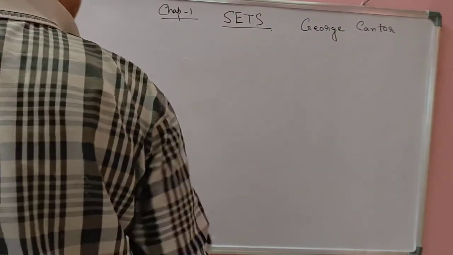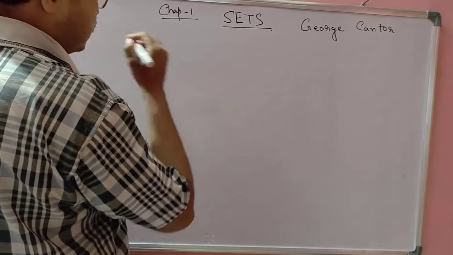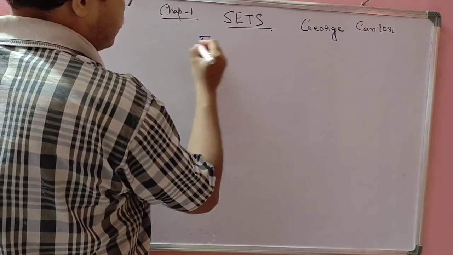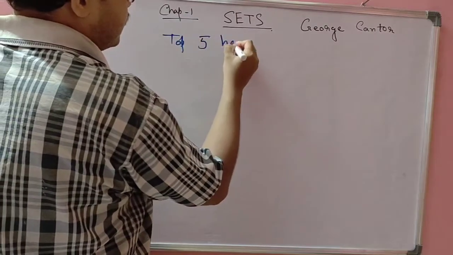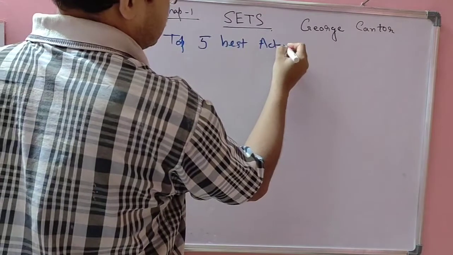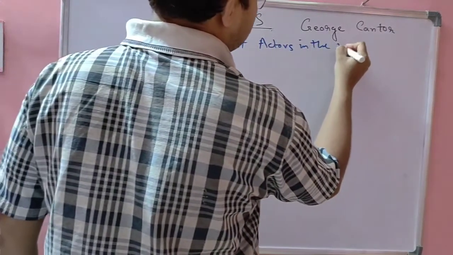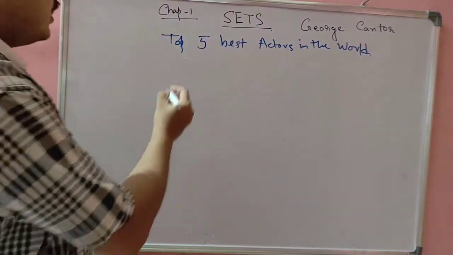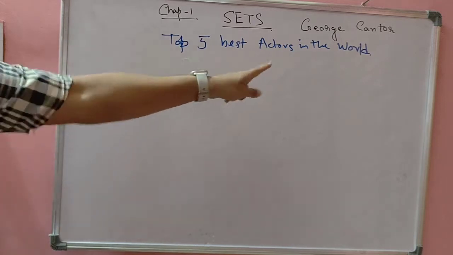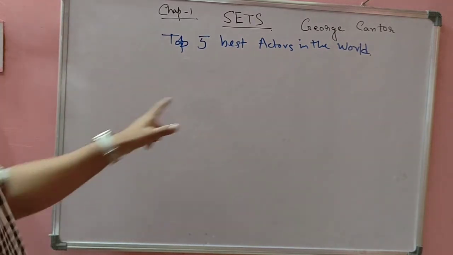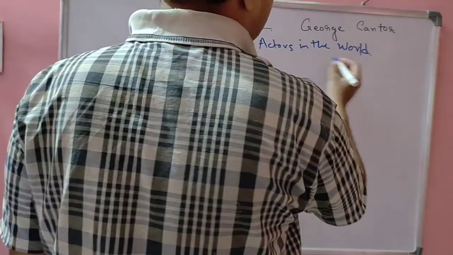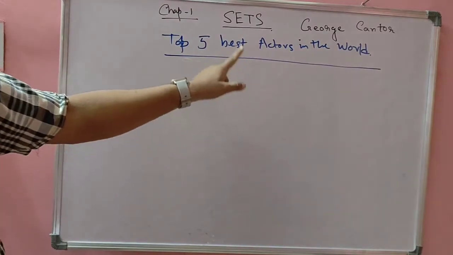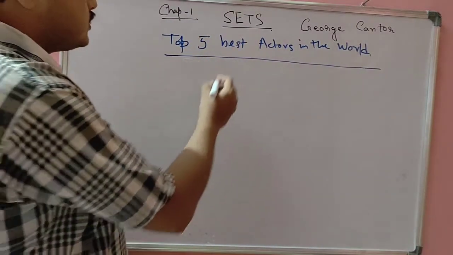If we take a collection, let's say the top 5 best actors in the world, is this a well defined collection? We haven't decided the criteria for best actors on which we will tell these are the best actors.